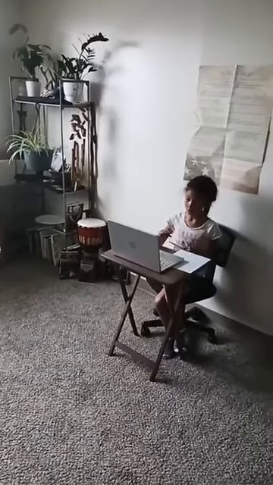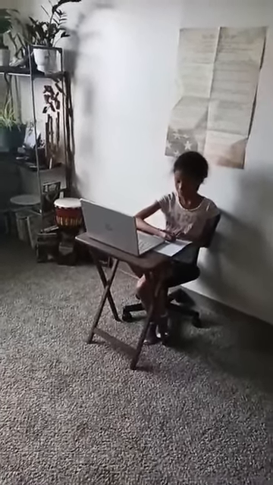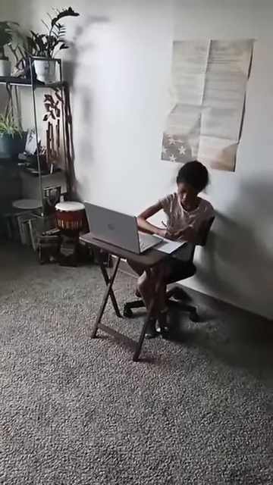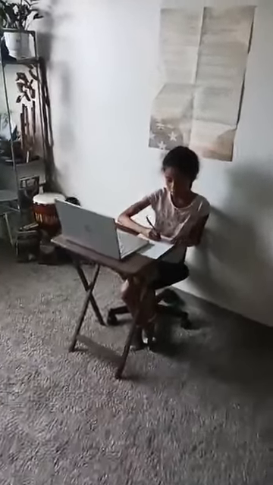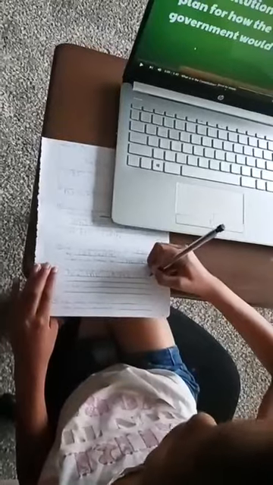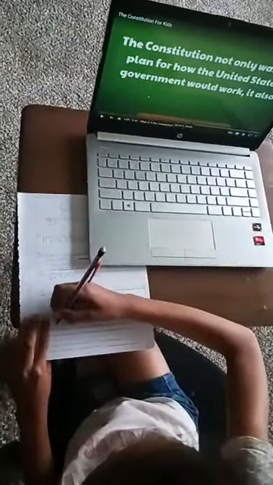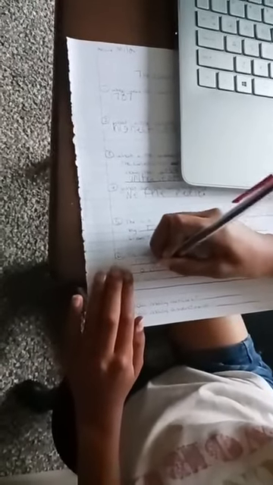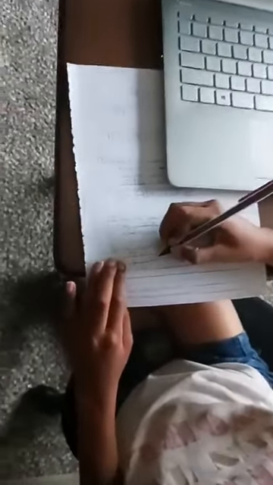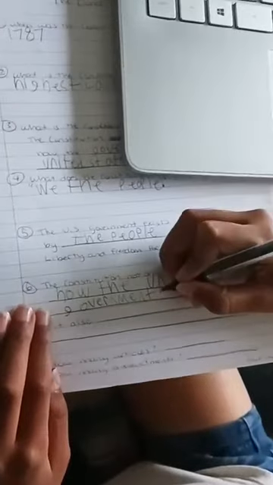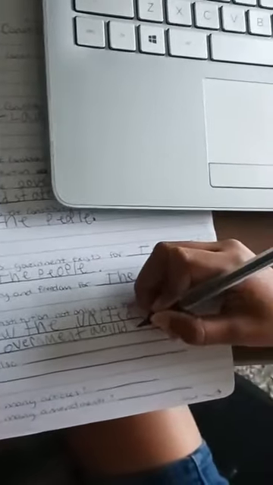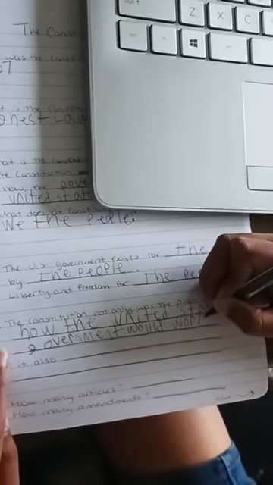You see, the Constitution not only was the plan for how the United States government would work, it also protects people's rights.